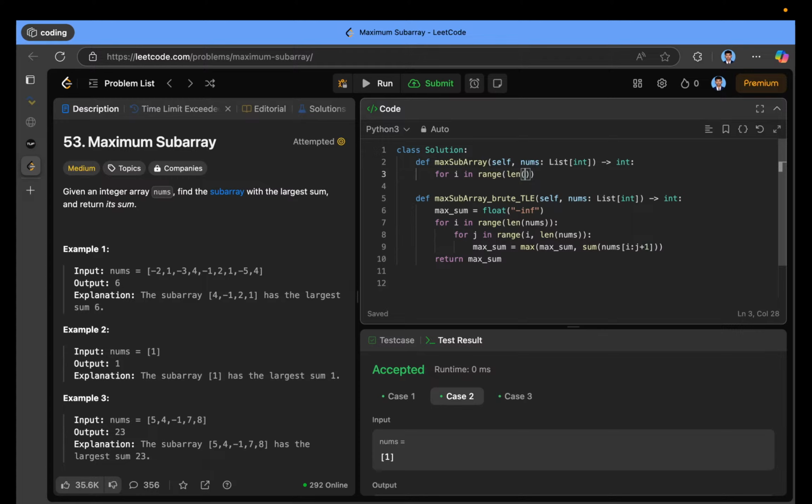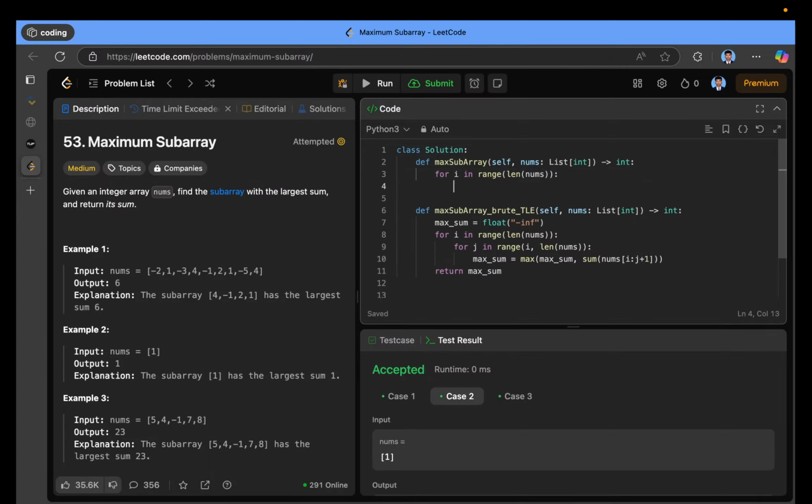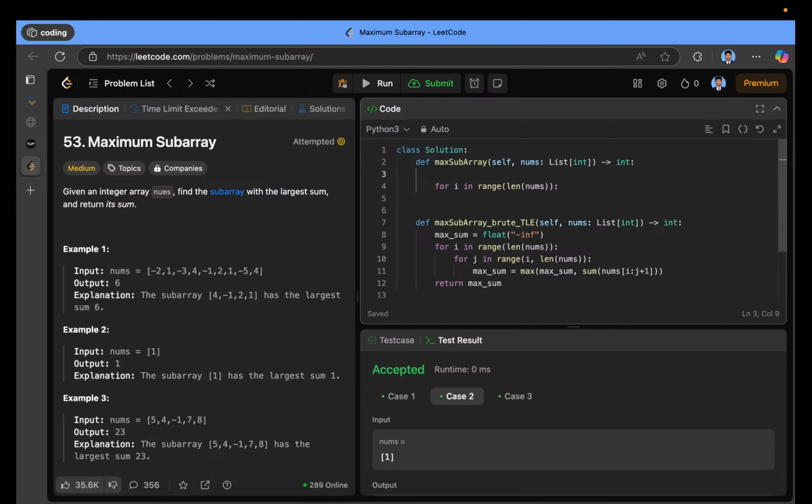One pointer will automatically increase because of this loop. Normally we use a while loop, but this will help me to write the answer more easily. So let's take i, no, int. This should be start.